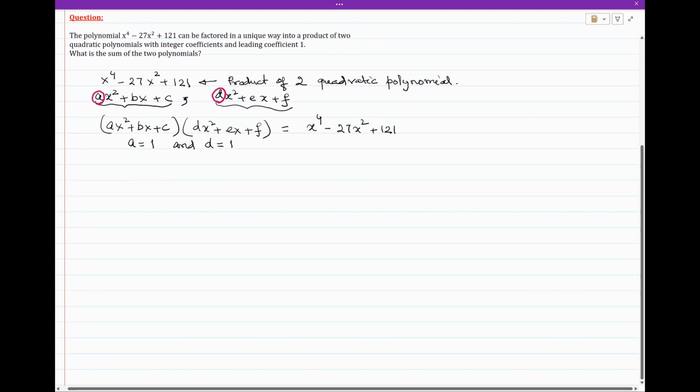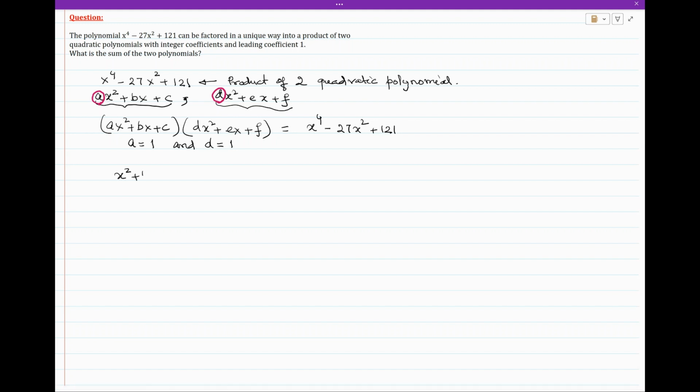So, our equation becomes x squared plus bx plus c multiplied by x squared plus ex plus f is equal to x4 minus 27 x squared plus 121.